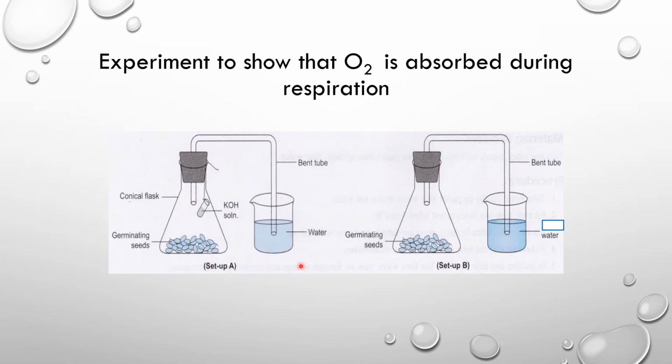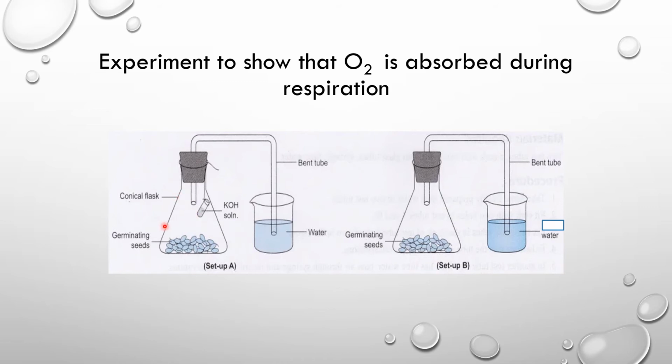As you prepare this setup, you have to seal the conical flask using this cork lid. As you seal the conical flask using the cork lid, you can confirm that there is no gaseous exchange between this conical flask and the environment.